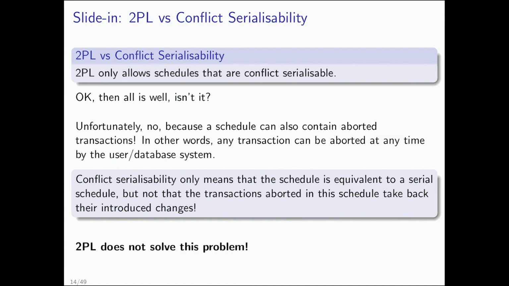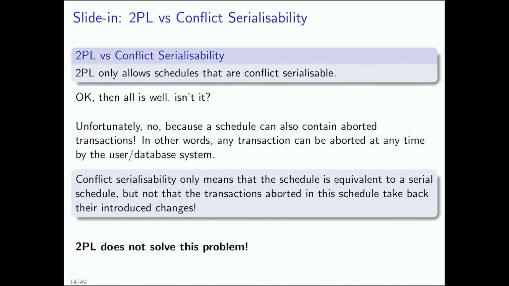I'm saying, what you did with your interleaving is equivalent to some serial execution. But hey, what is the idea of isolation? What is the idea of atomicity? The idea of atomicity is that you commit all or nothing, and if you say abort, it should be nothing.